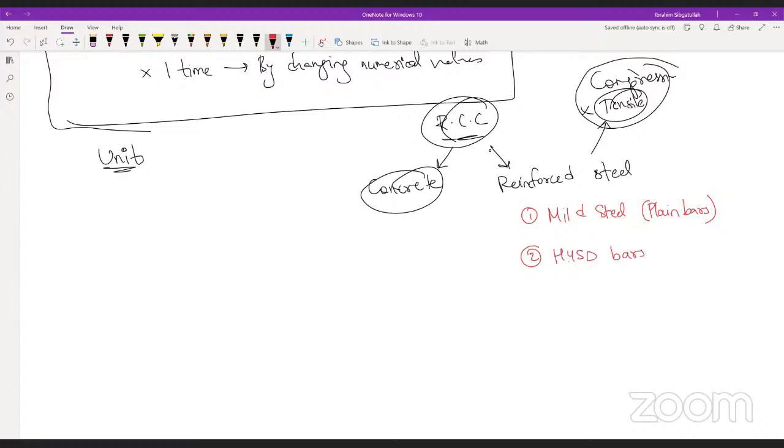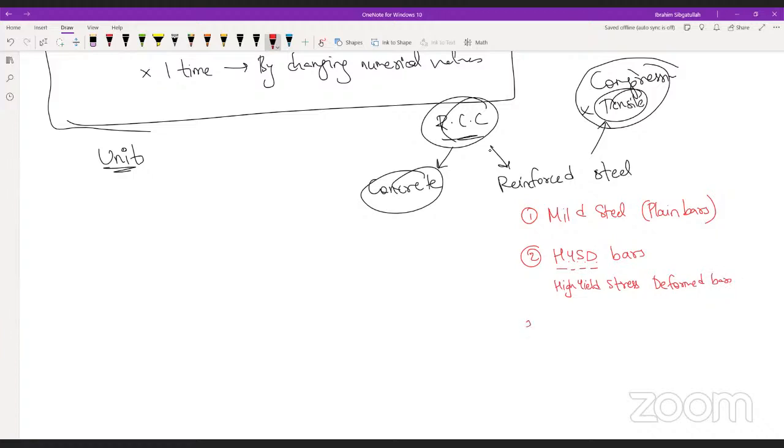HYSD stands for high yield stress deformed bars. This is the second type of reinforced steel that we will be using.